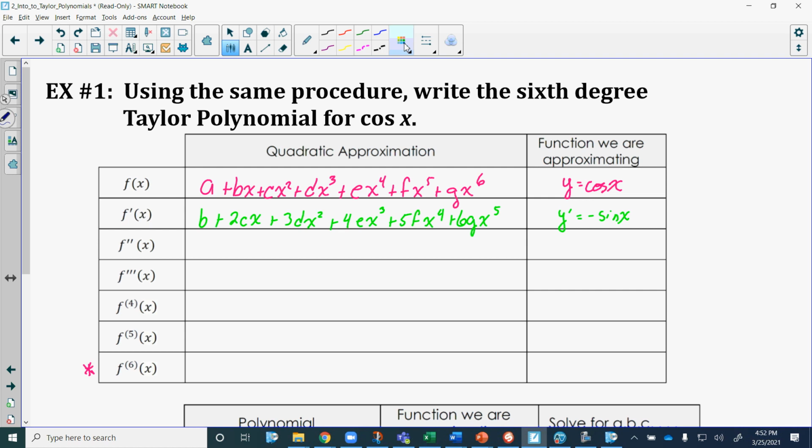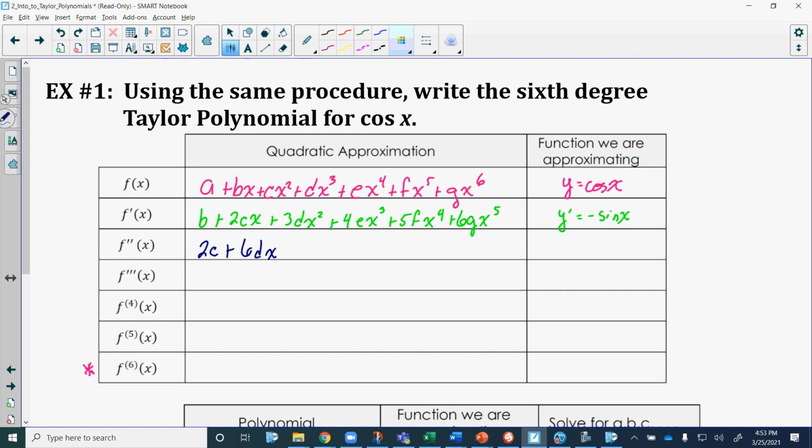The next derivative is going to be 2c plus 6dx. But I'm going to come back to that one, because there's a point I think it may make; we can rewrite that one a little bit differently, and I think it may make more sense as we go through the investigation.